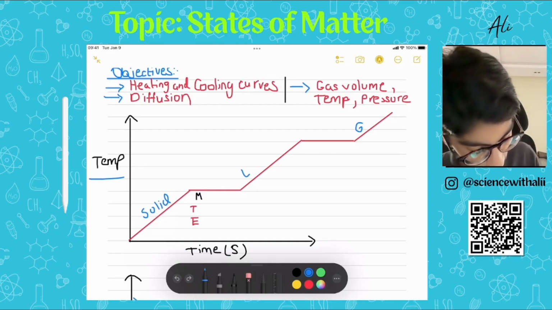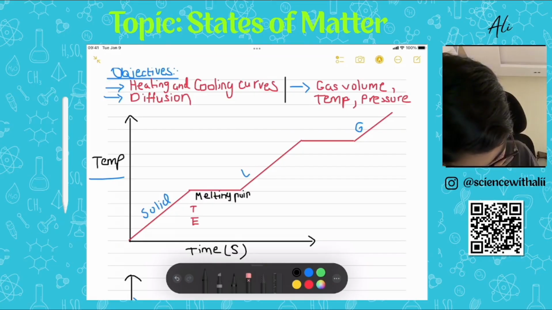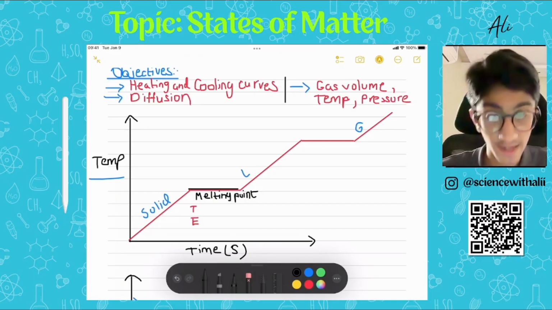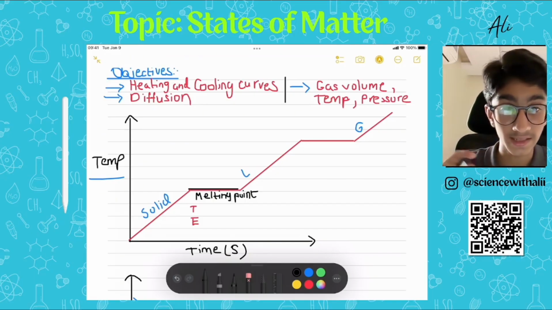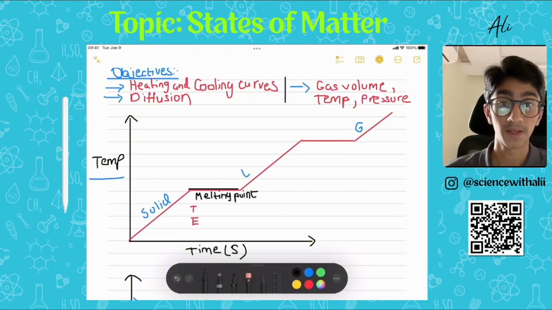Now when it reaches the melting point, which is this line, right? The black line which I've highlighted here, that is the melting point, right? It starts turning from solid to a liquid. At melting point, the solid starts turning into a liquid, right?